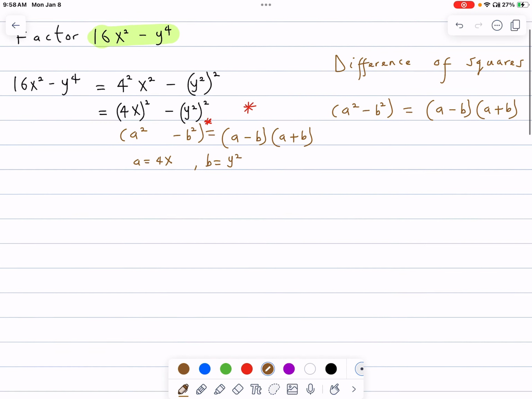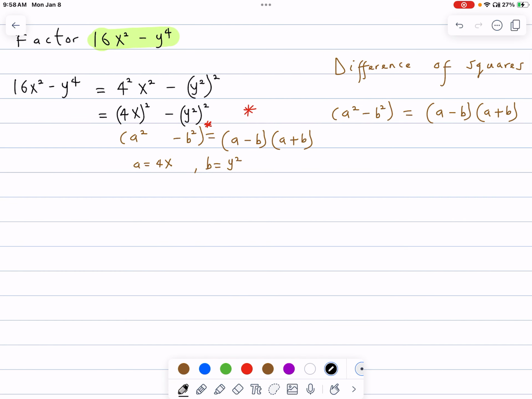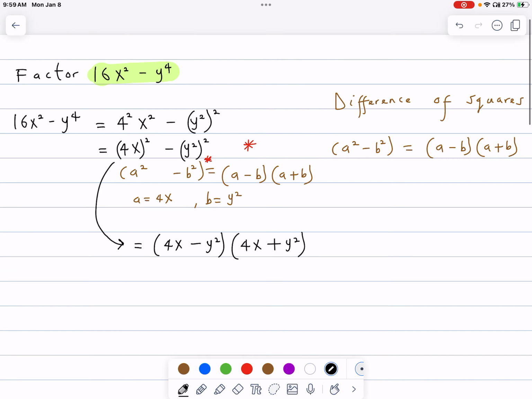So this expression is going to be equal to (4x minus y squared)(4x plus y squared), because the difference of squares tells me that a squared minus b squared equals (a minus b) times (a plus b). And that's the factorization of that expression.